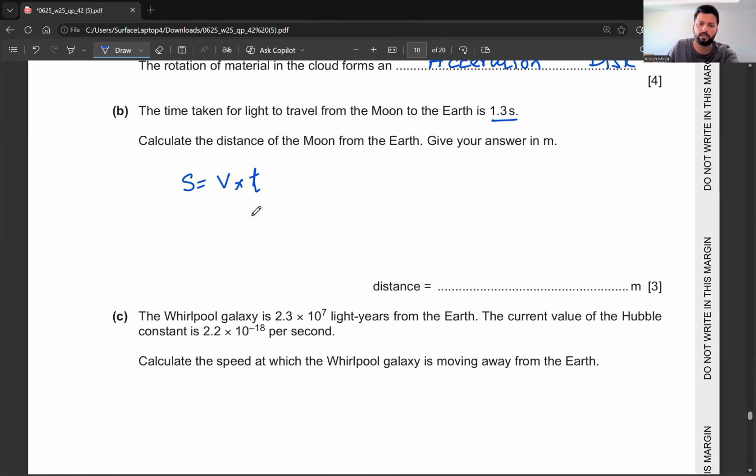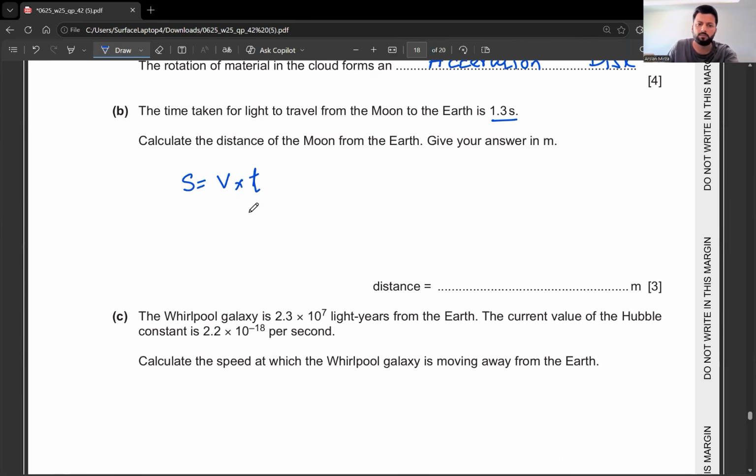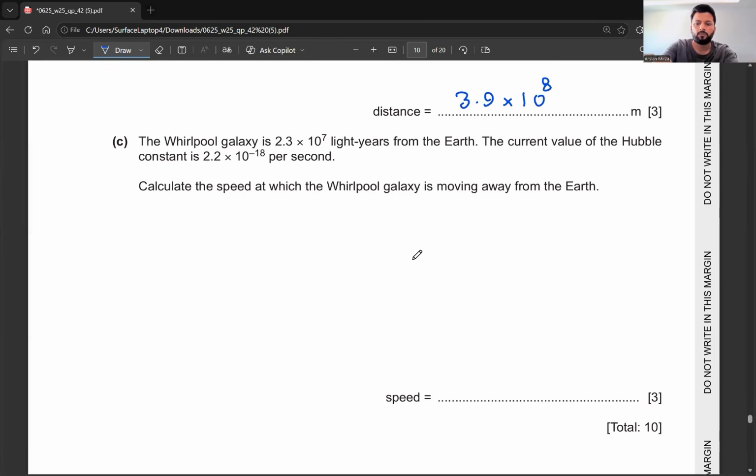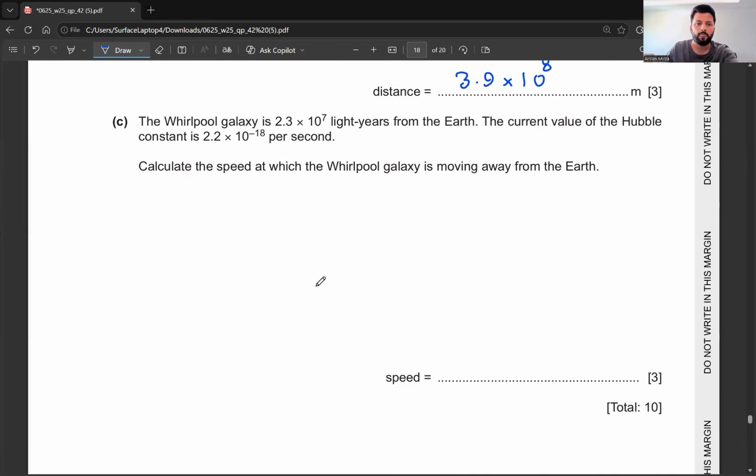The speed of light is 3 times 10 power 8, and the time is 1.3, and that will be 3.9. Simple. 3.9 times 10 power 8 meters. It's already in meters.